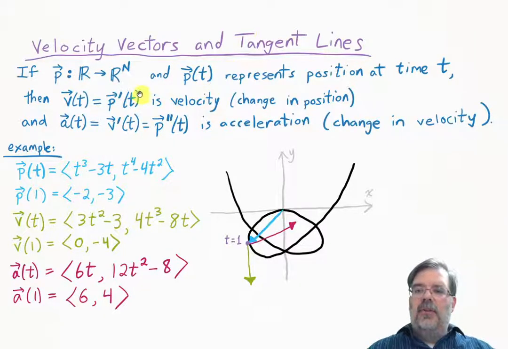Now, because a derivative measures a change in a coordinate, if these coordinates represent position, change in position is also called velocity. So the derivative of a function that represents position can be interpreted as a velocity function. So I'll write that as the vector function v of t.